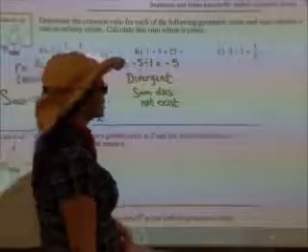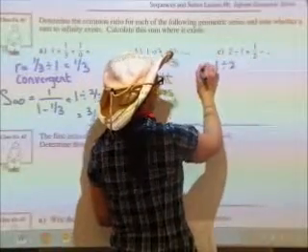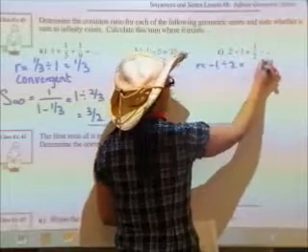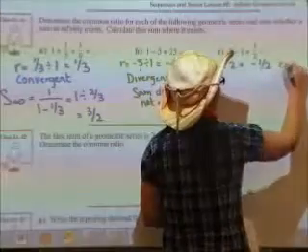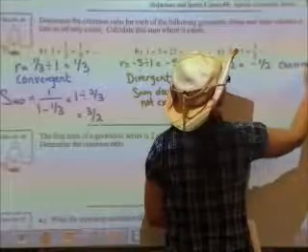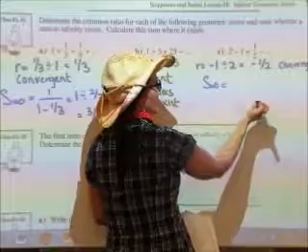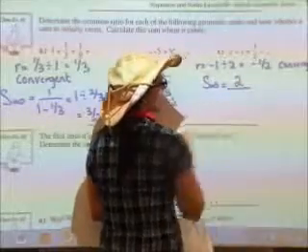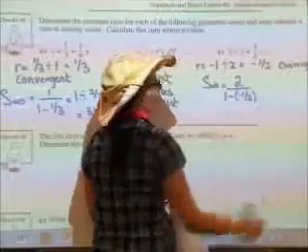Okay, and then the last one, -1 divided by 2. My R value is -1/2. Convergent or divergent? Convergent. So that means I can use that formula. So the sum of an infinite number of terms is the A value divided by 1 minus R, which was -1/2.